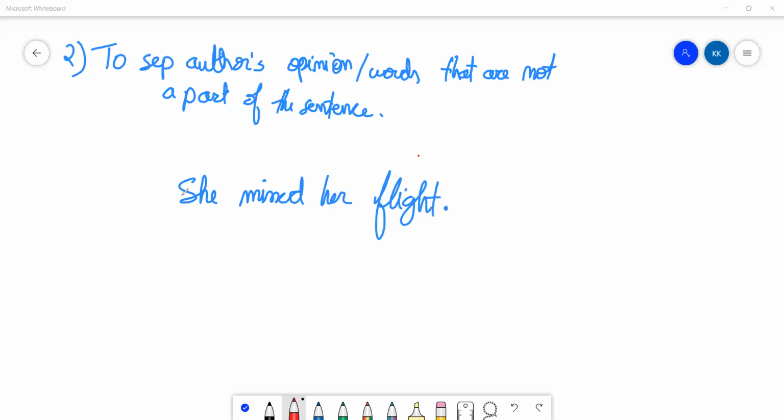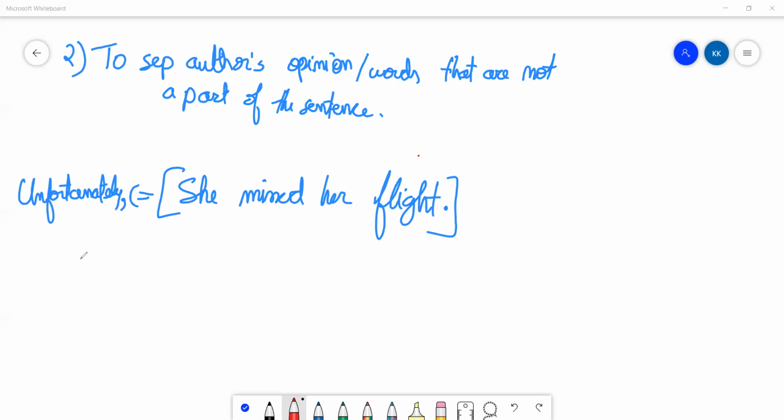This is your main sentence, which is complete. Apart from this, if there is a word that belongs to the category of author's opinion, suppose Ambika is my friend and I'm upset that she missed her flight, I will say unfortunately. So for me, it's unfortunate that she missed her flight.